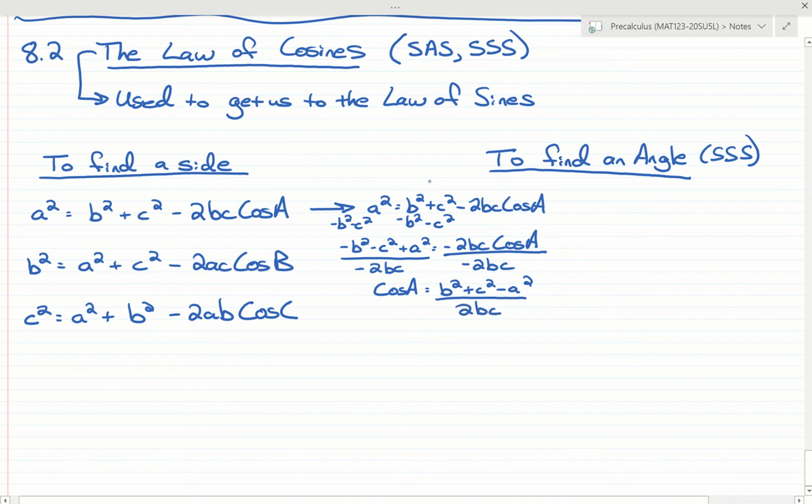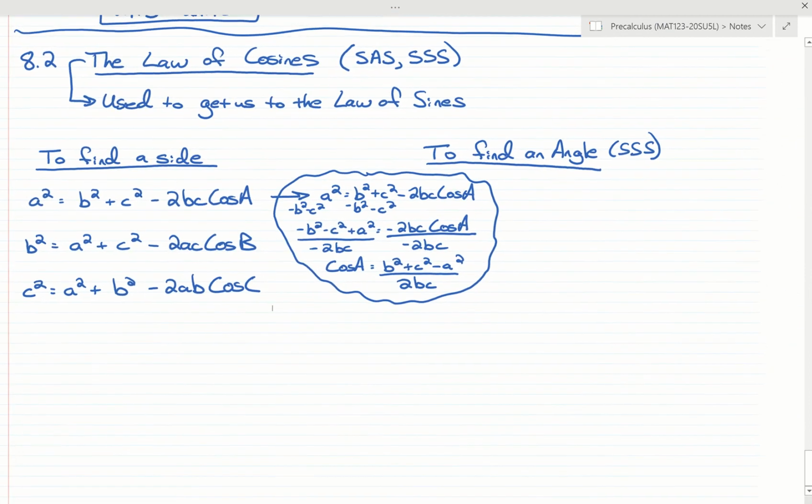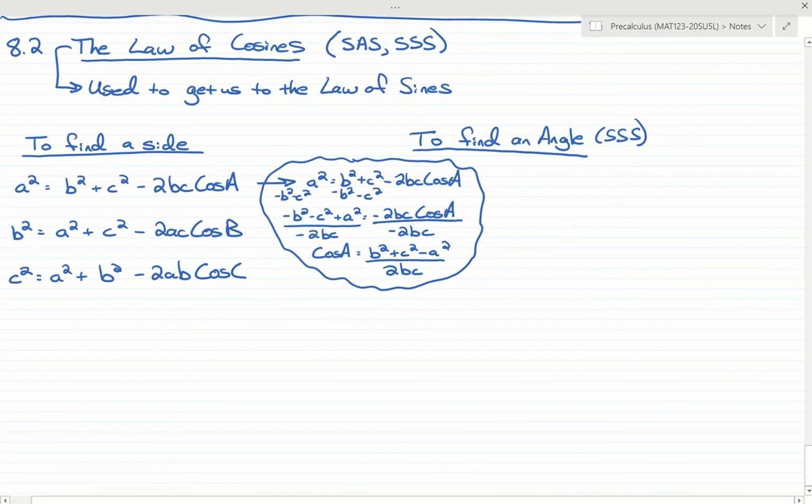So this is maybe like a little aside here. That's the work to come up with a formula for an angle. I'll leave that there actually in case you're curious where it comes from. But if you ever have to find an angle, let's use that formula, that the cosine of angle A is equal to the other two sides squared minus the side of that angle squared divided by 2 times the other two sides.